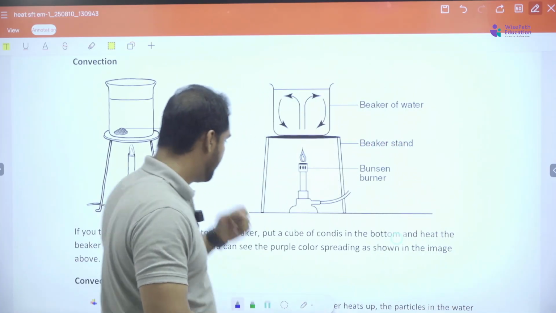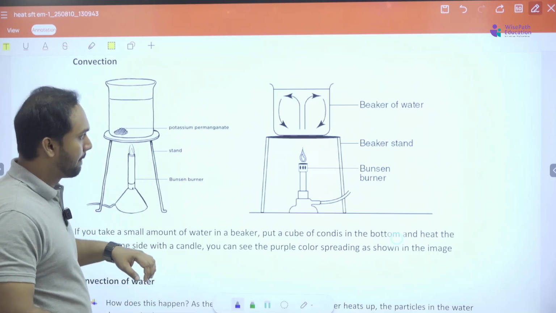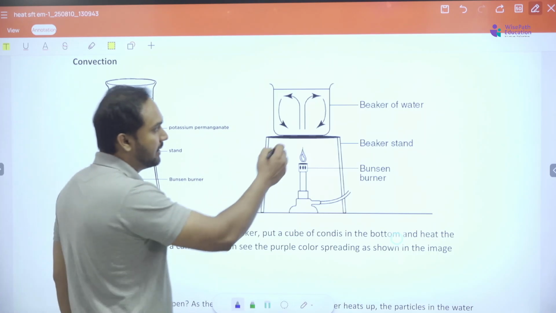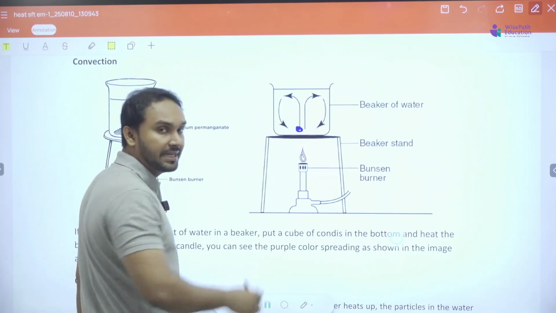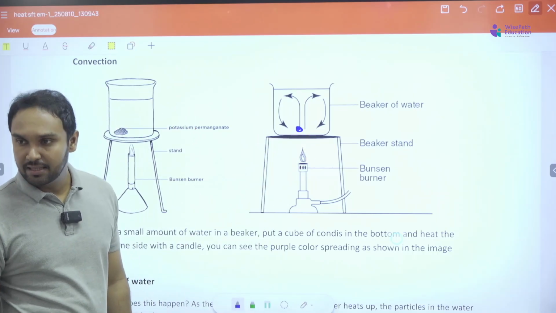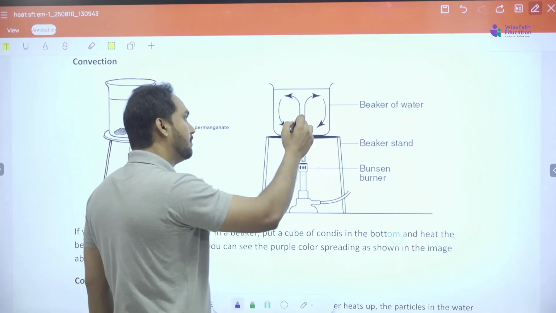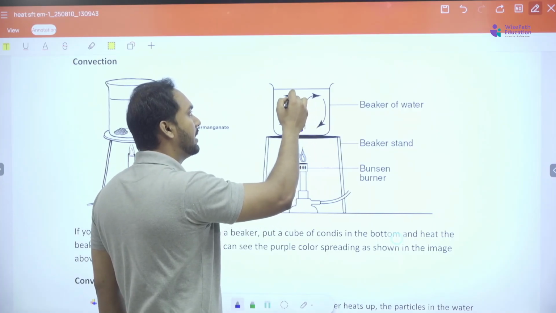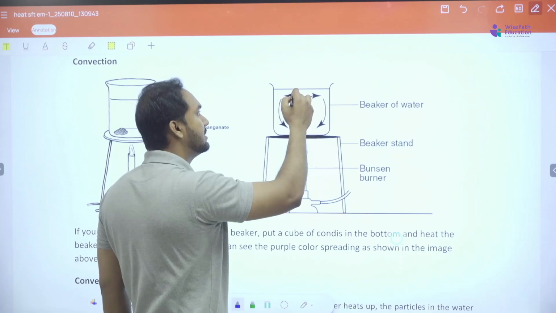If you see this in a beaker, it would be something like this, right? A particle here absorbs the heat and increases its kinetic energy and goes up like this, and at the top they release the heat.